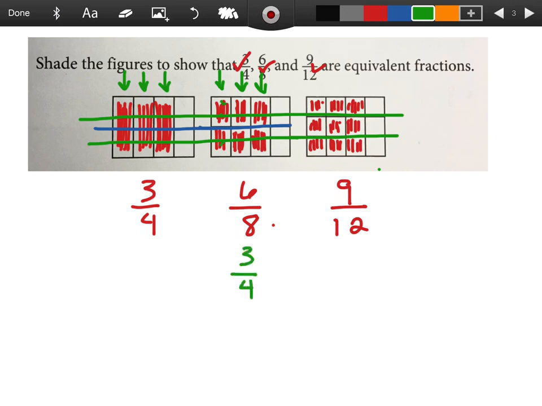Then let's look at this one. There's 1 column, 2, and 3. And I have 1 column over here left over, 1 column over here left over, 1 column over here left over. So this is the same as 3/4, which is the same as 6/8.